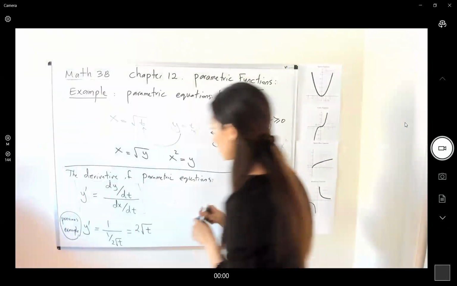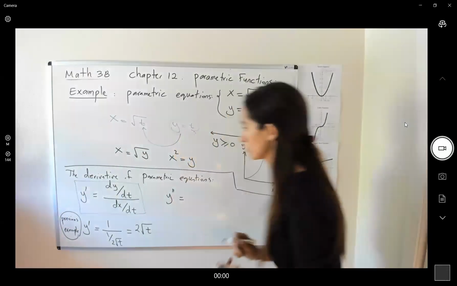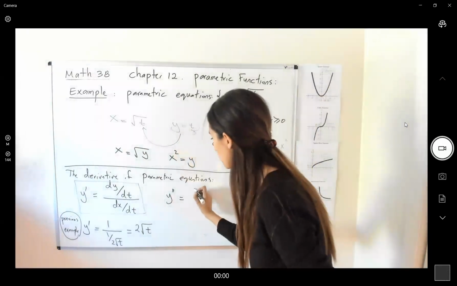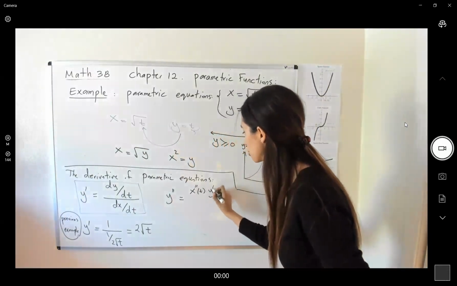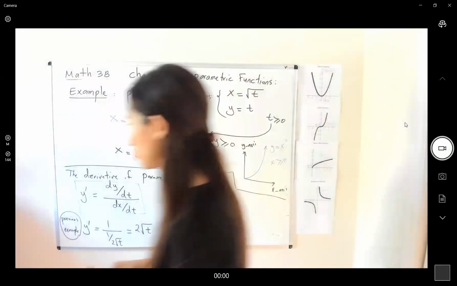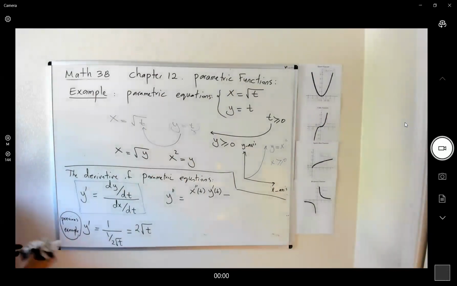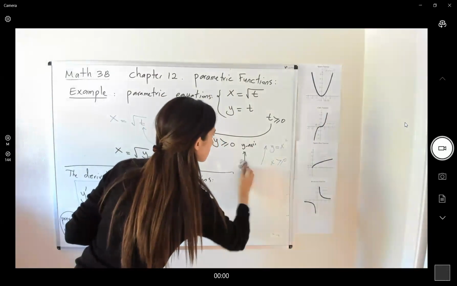The second derivative of a parametric equation can be defined as follows, let me just rewrite it this way.